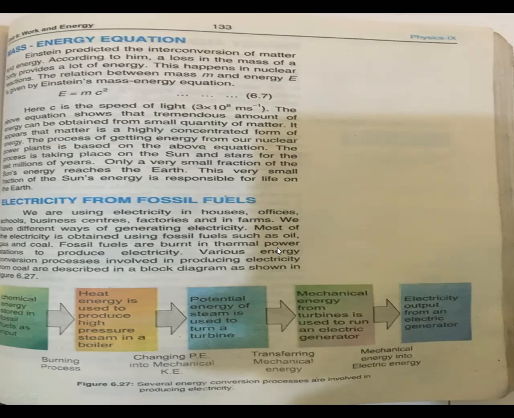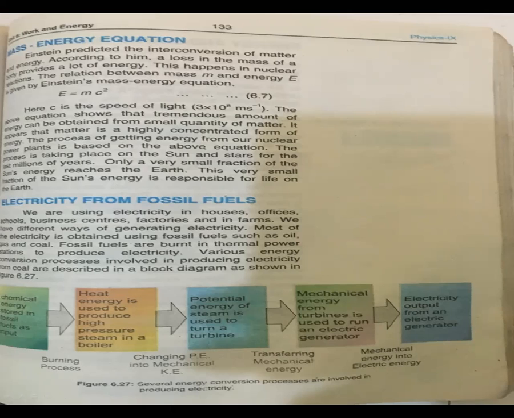Fossil fuels are burnt in thermal power plants to produce electricity. The various energy conversion processes involved in producing electricity from coal start with the chemical energy stored in fossil fuels like oil, gas, and coal.